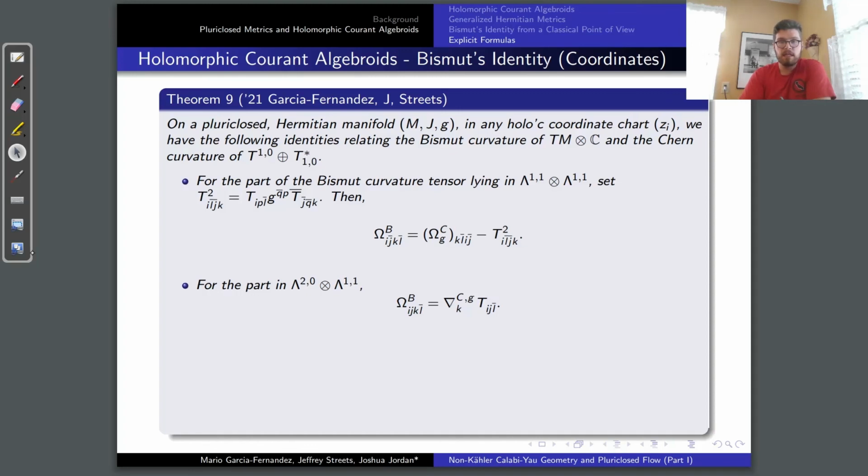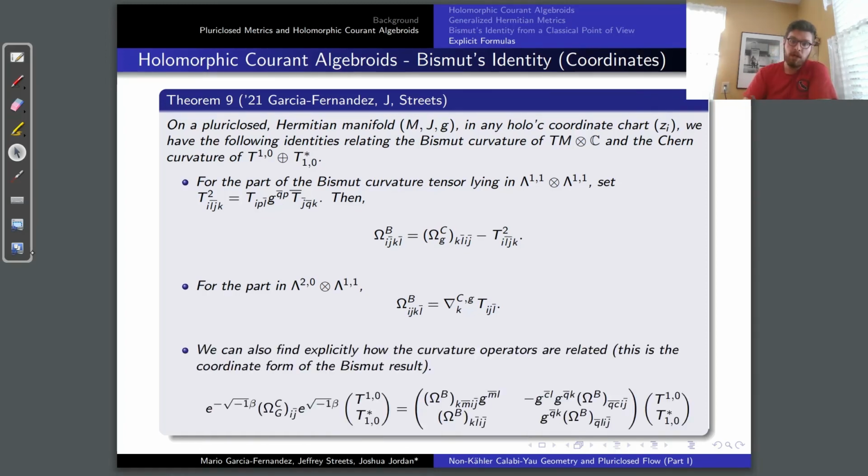We mentioned it before, but just to reiterate, this is the Chern connection for little g on the complexified tangent bundle. So then finally, you can cobble all of this together to see precisely how the Chern curvature on the holomorphic vector bundle is related to the Bismut curvature on the complexified tangent bundle.